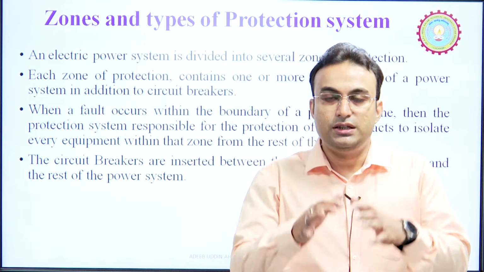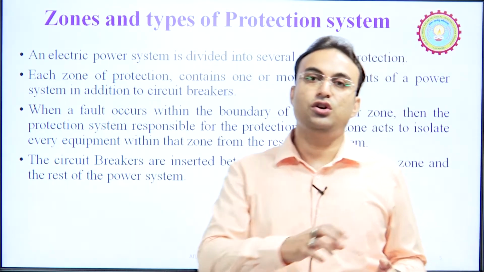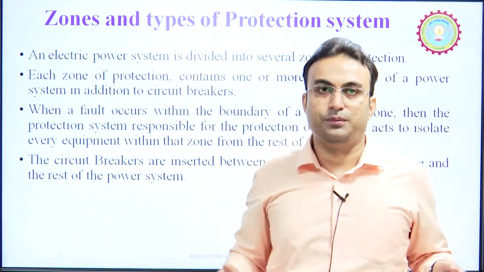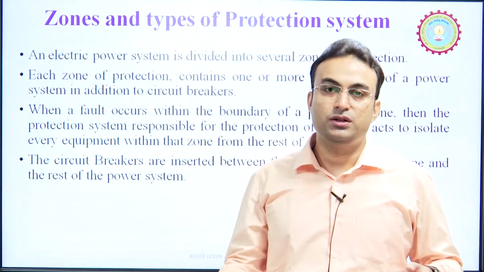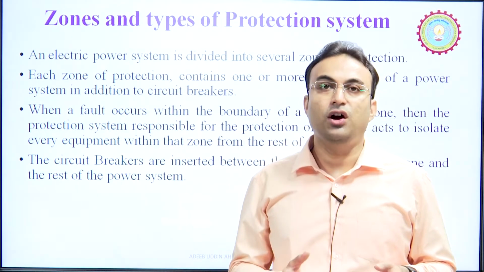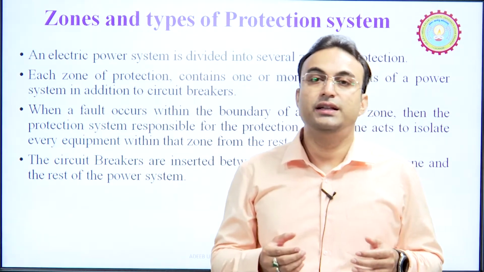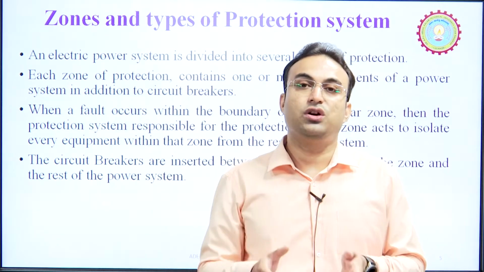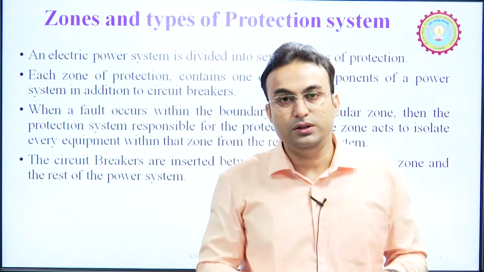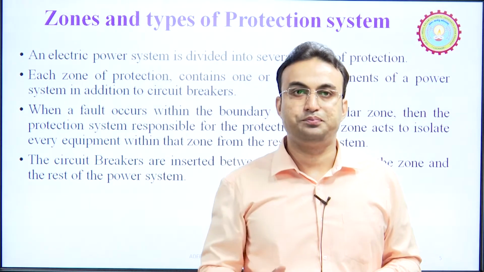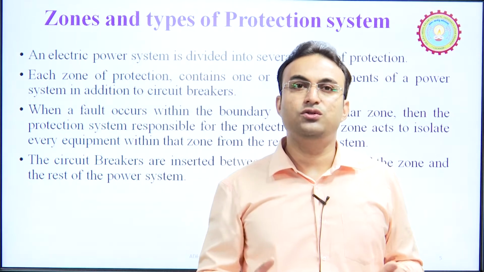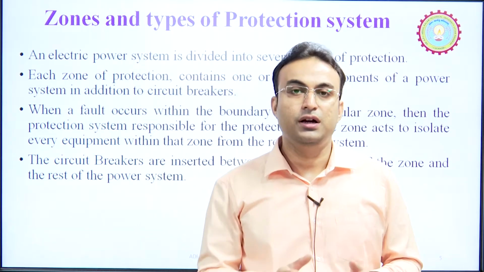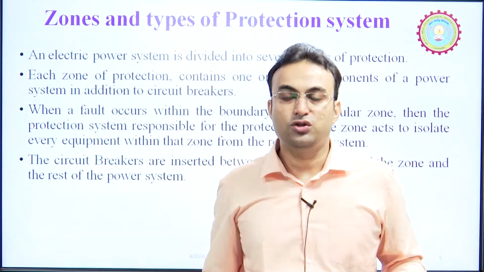When a fault occurs within the boundary of a particular zone, the fundamental responsibility of the protection of that zone is to eliminate this zone from the rest of the power system. Only this zone is disconnected. The circuit breakers inserted between the zone of protection and the rest of the power system will operate, and after that operation the zone is isolated from the rest of the healthy system.